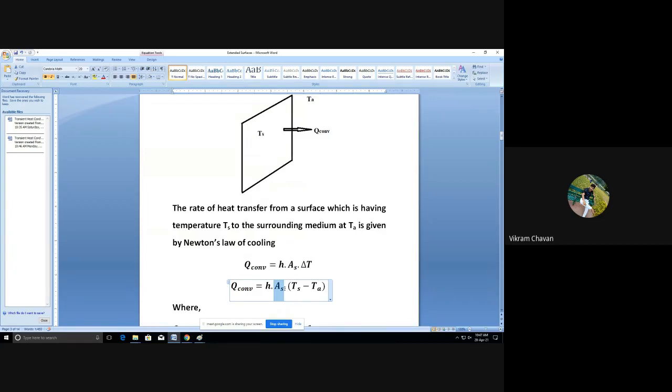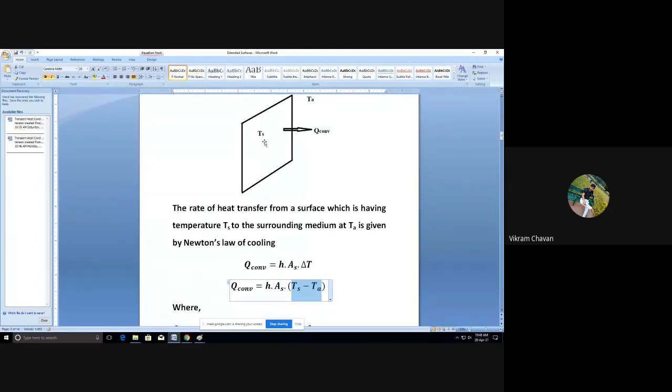Now, the increase of temperature difference. What do we need to increase to increase the temperature difference? The temperature difference will increase if the surface temperature increases, and the surrounding temperature is not in your hand, because in winter you get a different temperature, in summer a different temperature, in the rainy season a different temperature.